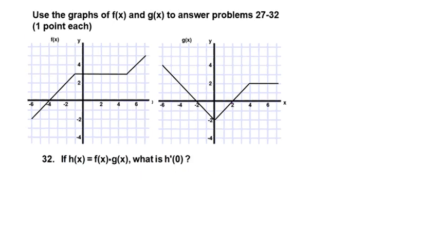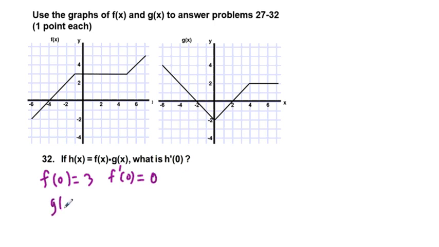Next problem, we have: if h of x equals f of x times g of x, what is h prime of 0? Well, here we have f of 0 is equal to 3. f prime of 0, we have a horizontal line there, is equal to 0.